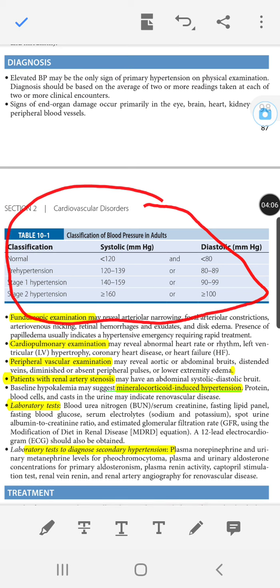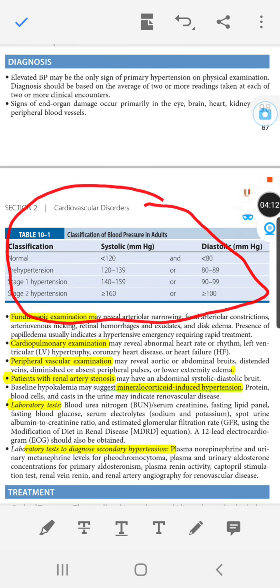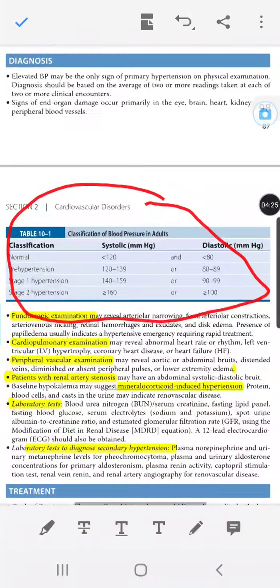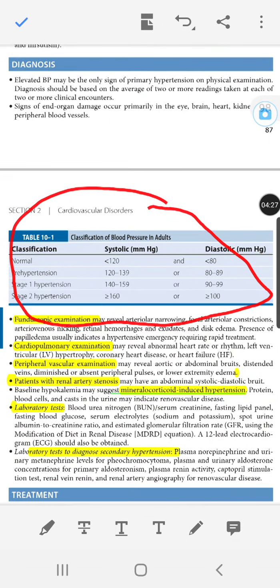When we know the type of hypertension, we can treat it accordingly. If it's prehypertension, we don't need to give any medication. We can control it by lifestyle modification.